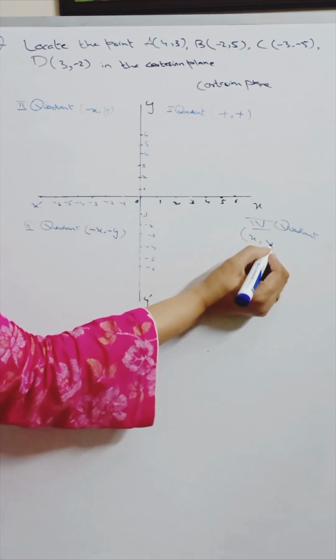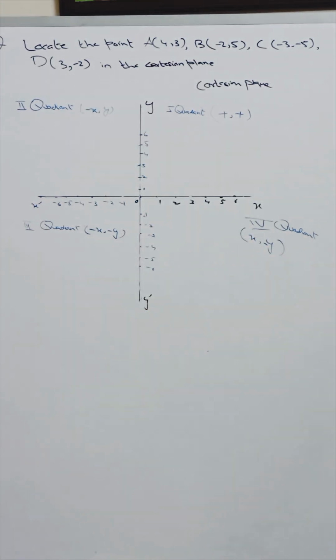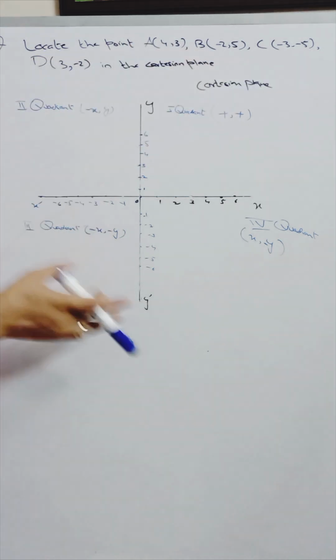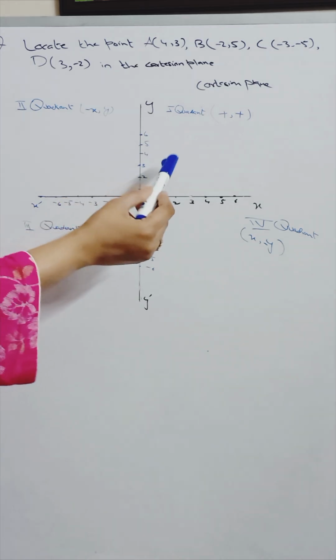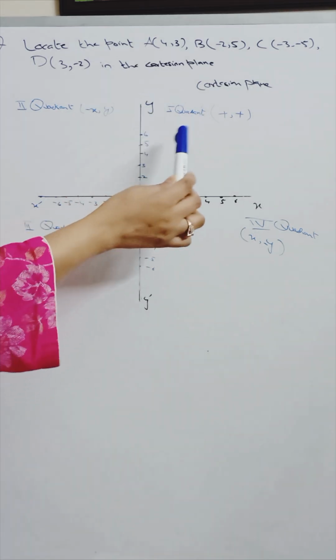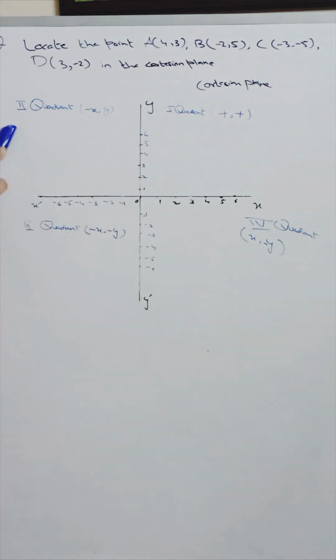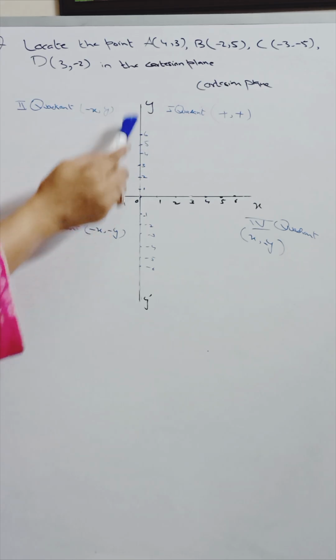You may ask why we are doing this. Because we have to locate these points on this graph. So it must be very clear that in the first quadrant, x and y are both positive. In the second quadrant, x is negative and y is positive.